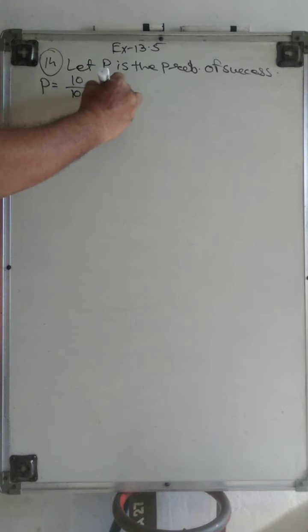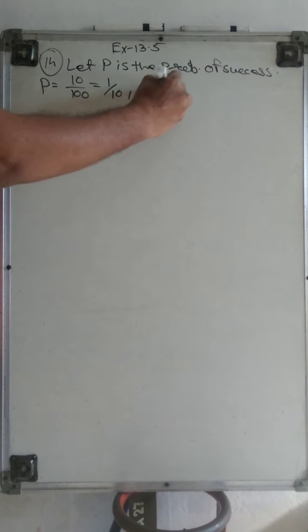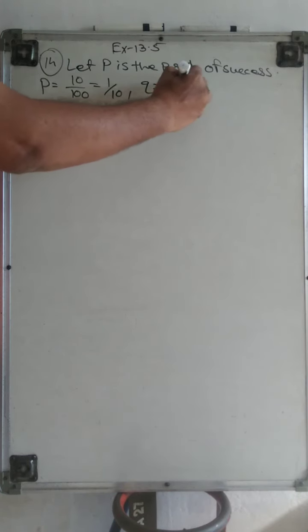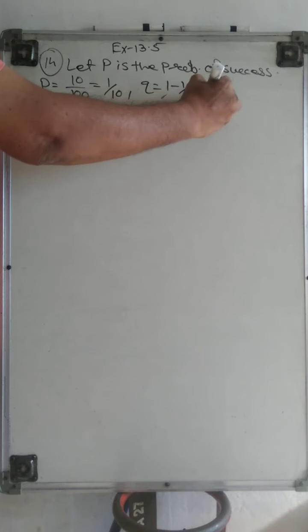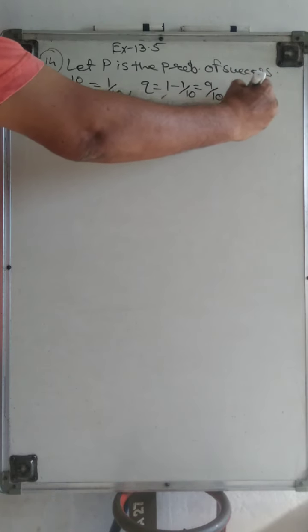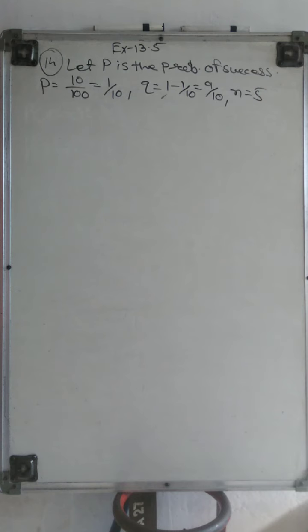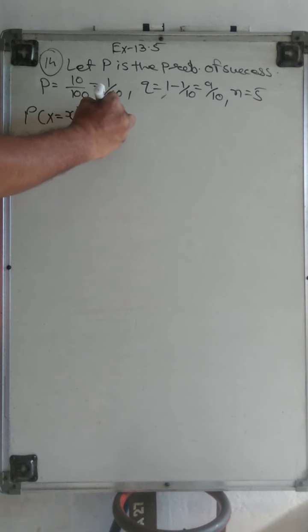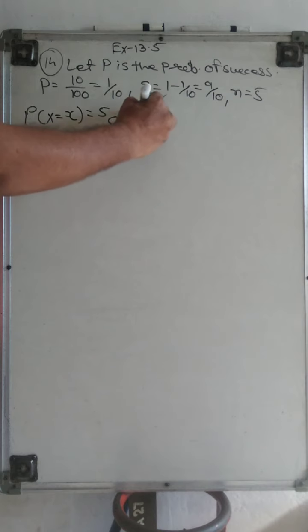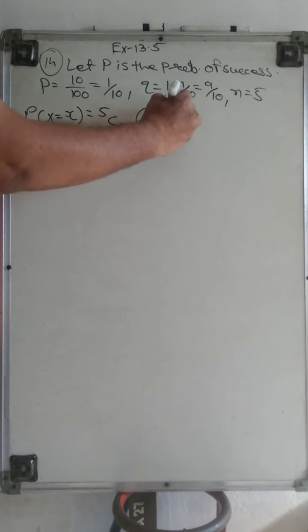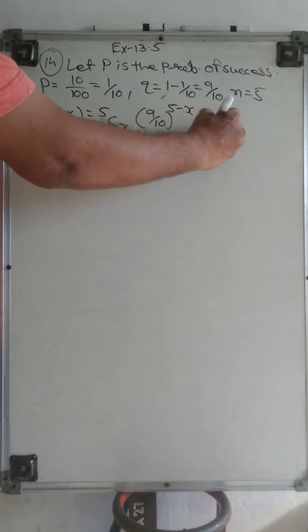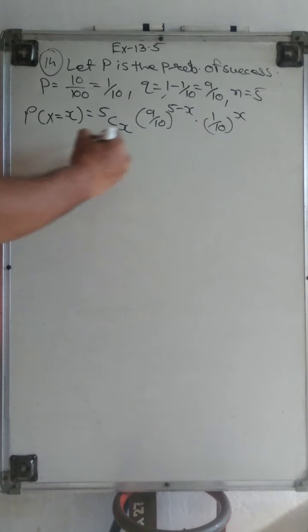So P is 1 by 10, and Q is equal to 1 minus 1 by 10, which is 9 by 10. We want to find none of the bulbs defective out of 5 bulbs, right? So we take n equal to 5, and the binomial distribution is P(X = x) = 5Cx (9 by 10) raised to (5 minus x) (1 by 10) raised to x.